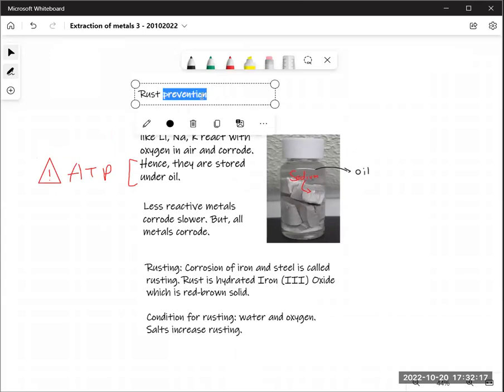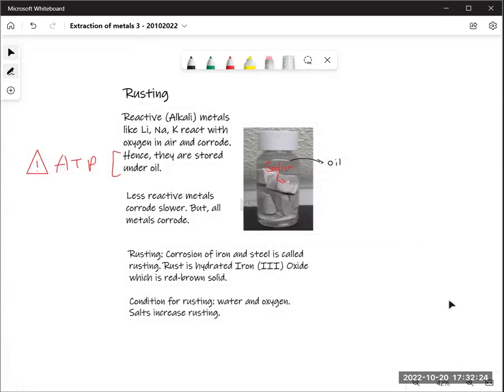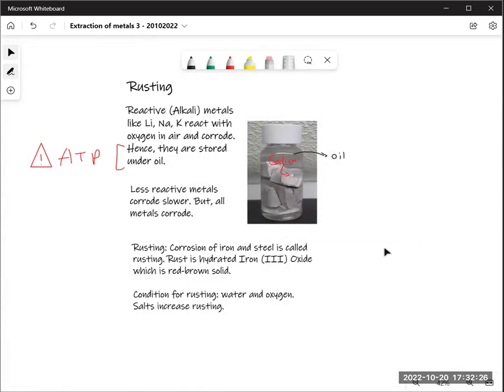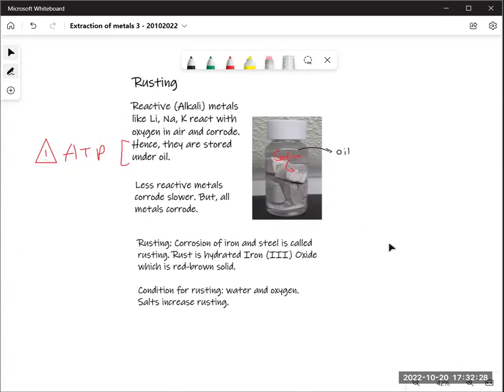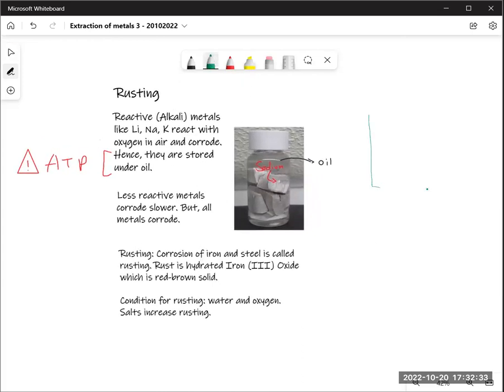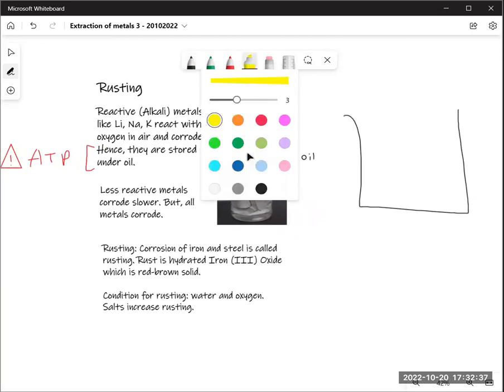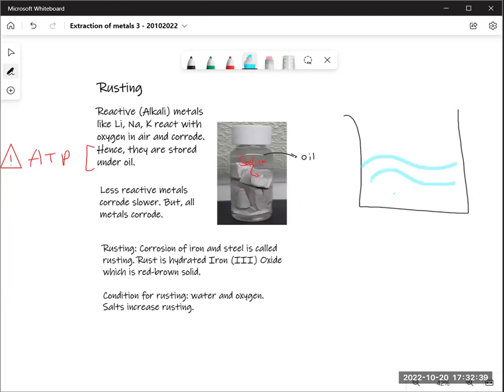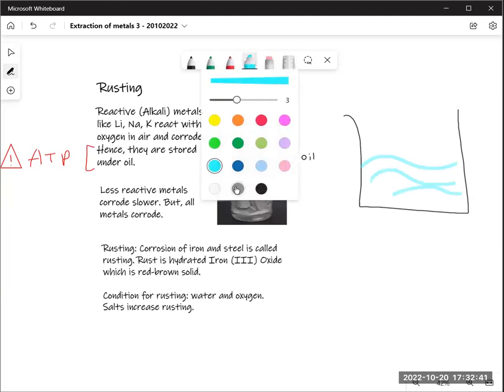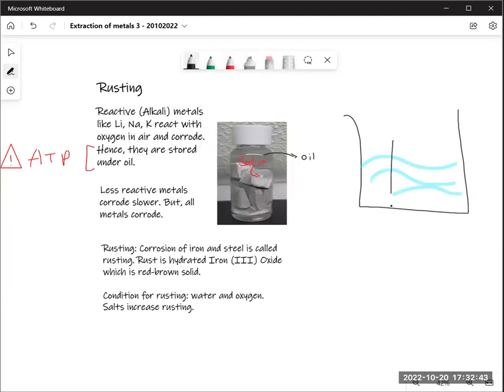On the top, just remove rust prevention and write rusting as the title. So let's say I have a beaker like this and I put some water in it, and I put some metal in it, a big chunk of metal, and it's going to rust.